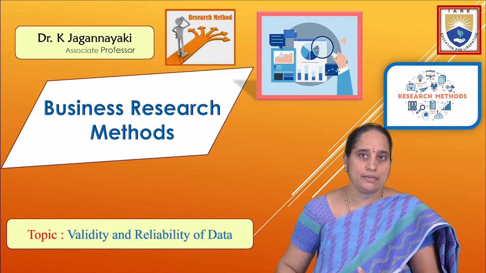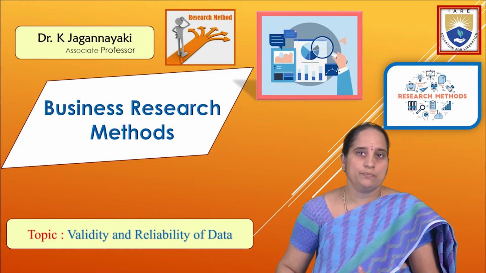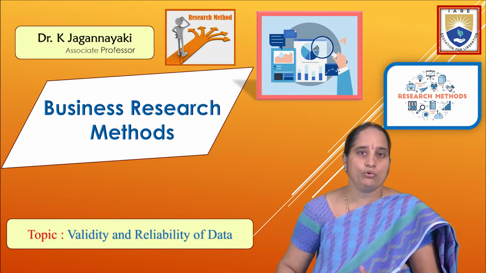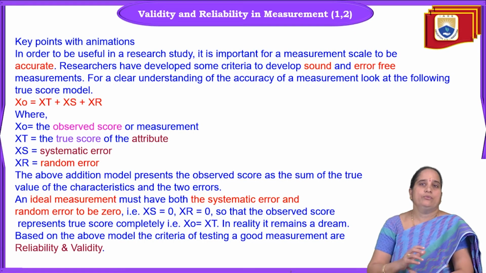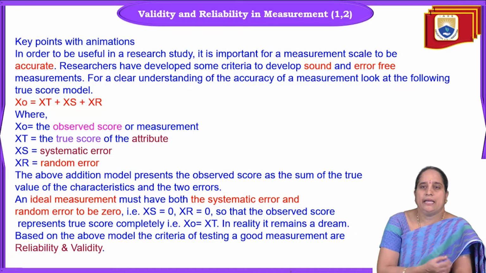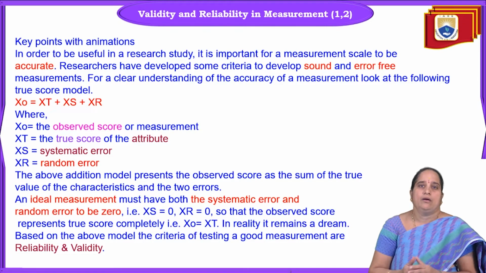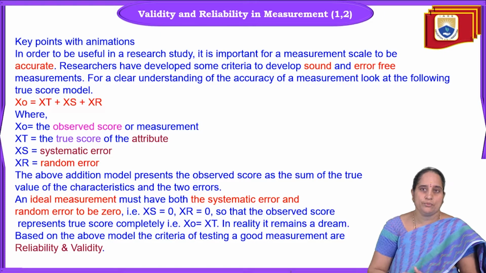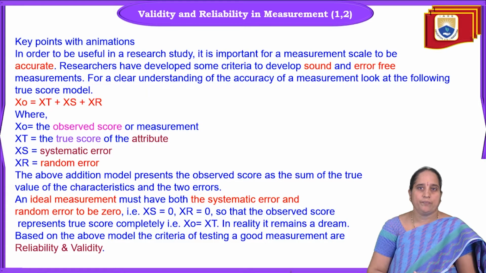To understand the different types of validities and how to find reliable data by using different methods: in any research study, the research should be accurate. Whatever data we use depends upon what type of scale we use in the study.